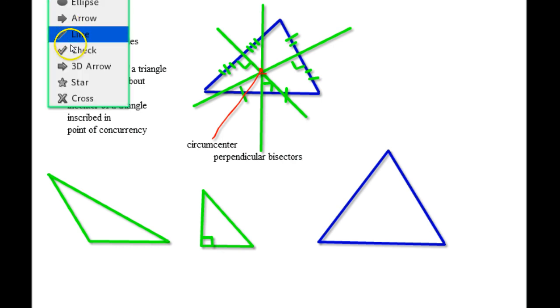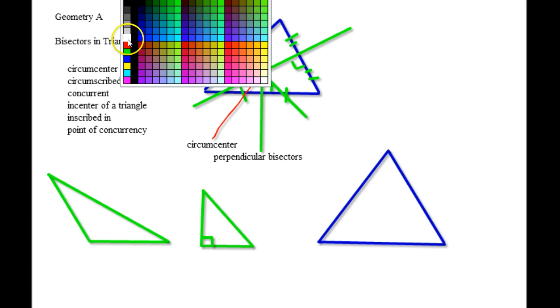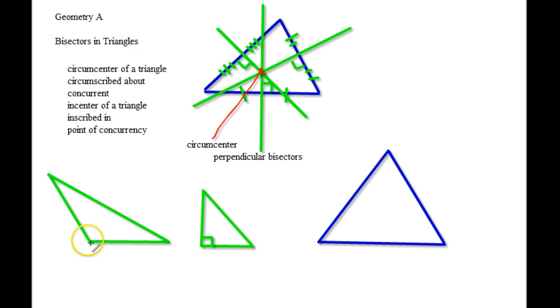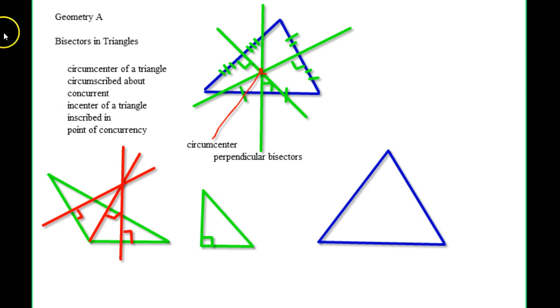Okay, so in an obtuse triangle, our perpendicular bisector will go out this way, but also right here it intersects and goes out this way. Pretend I drew this correctly. So in an obtuse triangle, the circumcenter will actually be outside of the triangle.